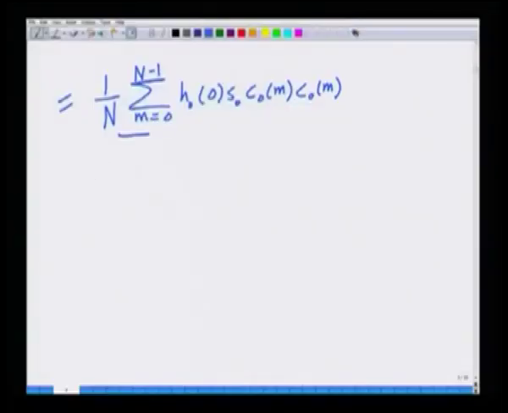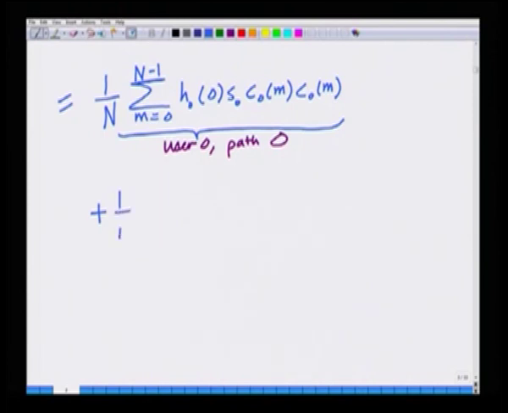so let me write this as user 0 path 0, plus the next L minus 1 components corresponding to user 0 and the other L minus 1 paths.